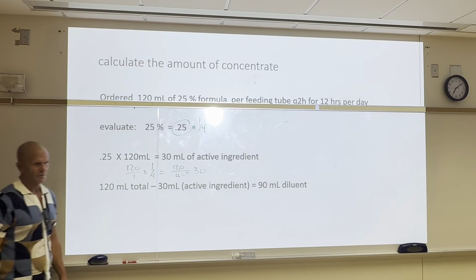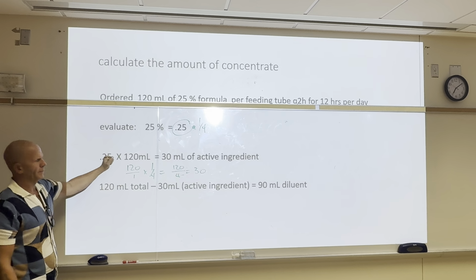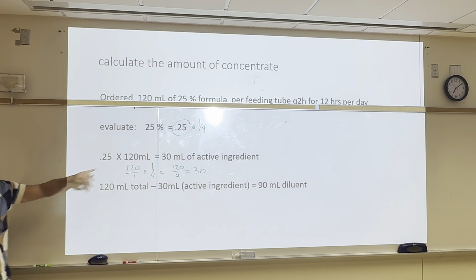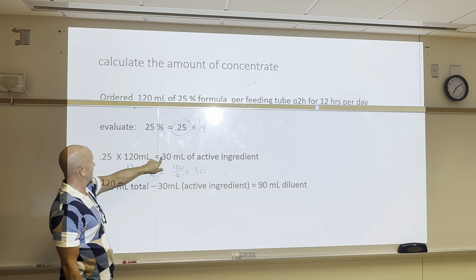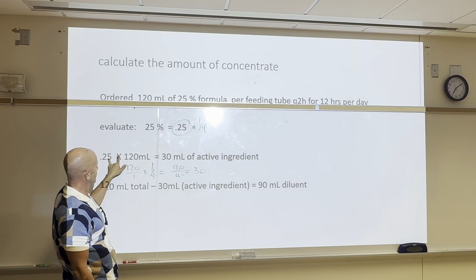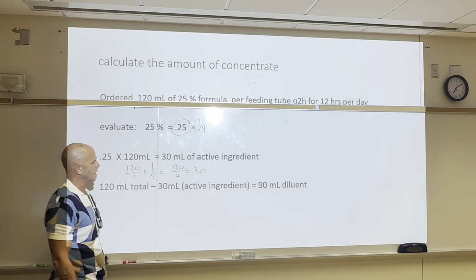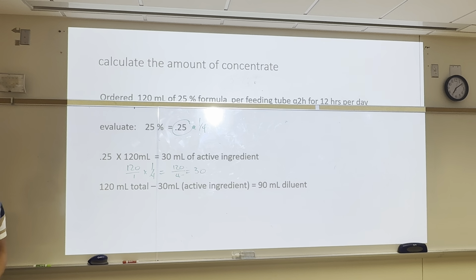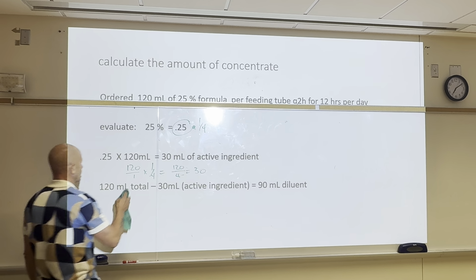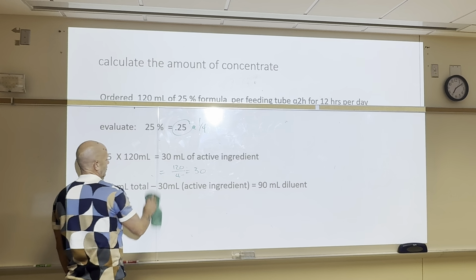See how I did that? Or you can do it this way, however you want to do it. There are 2 ways of doing it. 25% of 120 is 30, or 120 over 1 times 1/4 equals 30. There are 2 different ways of doing it. All kinds of ways of doing math, guys. I'll leave that up there for you.